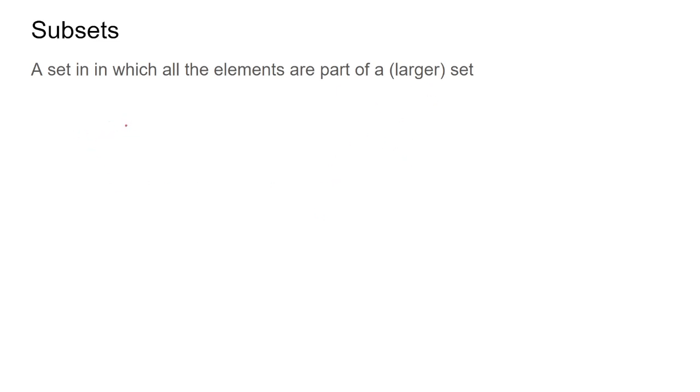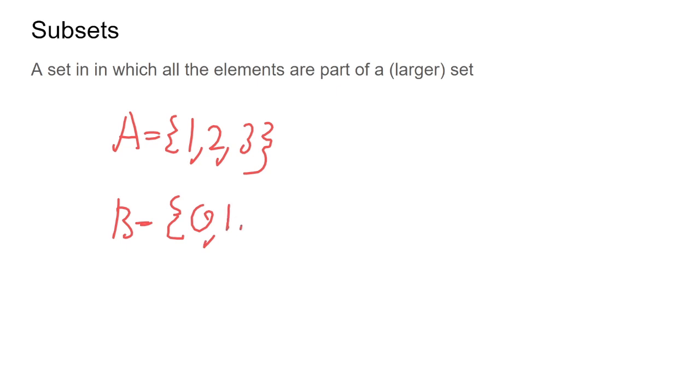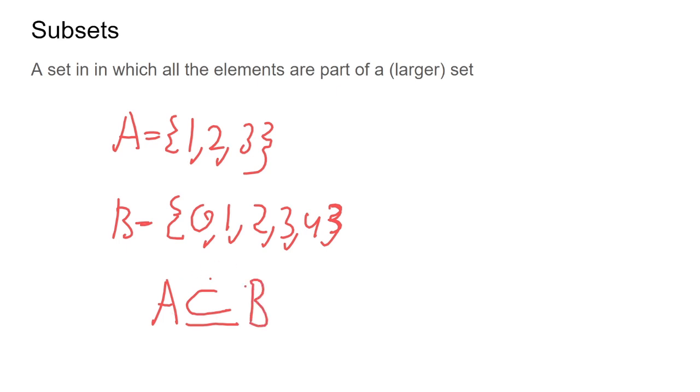So if you have a set A, which is 1, 2, 3, and you have a set B, which is 0, 1, 2, 3, 4, we could say that A is a subset of B because all the elements in A are also in B. 1 is in B, 2 is in B, and 3 is in B. Which means you write A, then the subset symbol with a line underneath, B, which means A is a subset of B. Important to note though that B is not a subset of A because 0 and 4 are in B, but they're not in A.